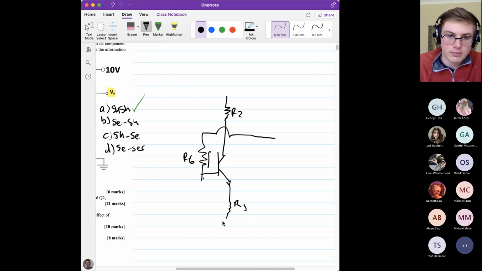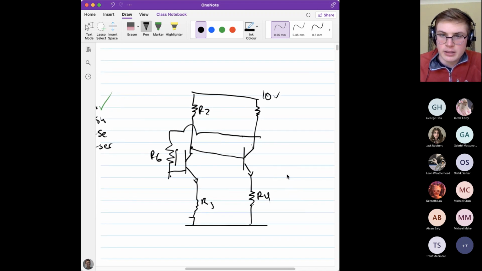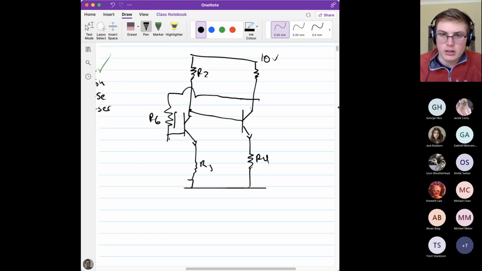This is R3. This is 10 volts. We have our other BJT. And then this is R4. So when we're doing DC analysis, the best way is just KVL, really.